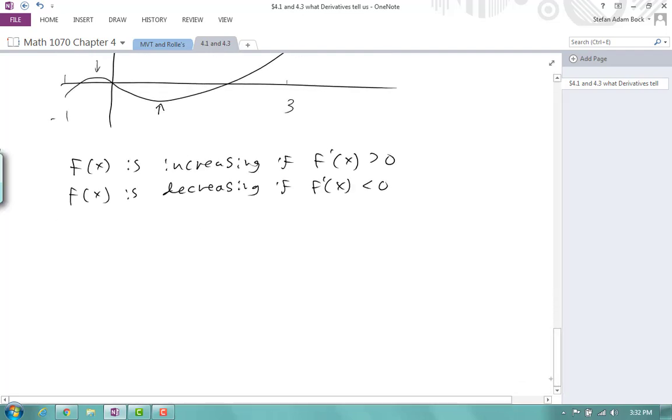If f prime of c is equal to 0, then I'm going to have one of four cases. Either f prime of x is positive and then negative, in which case I'm increasing and then decreasing, which means I have a maximum.